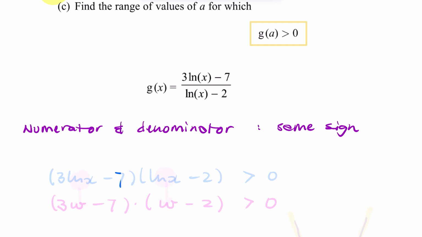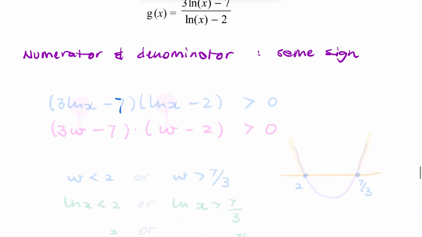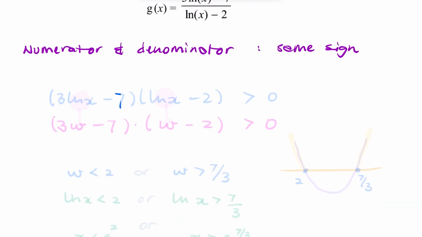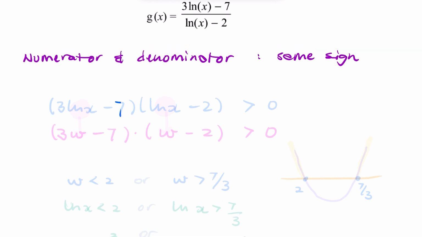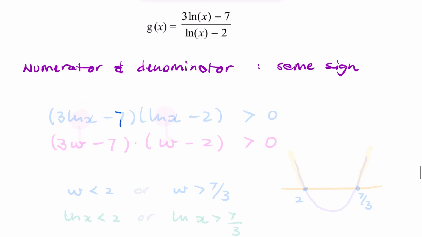So if they have the same sign, then their product is going to be equal to something positive, right? So if you multiply a positive times a positive, that will give you a positive. So negative times a negative, that will give you a positive. So I'm going to say that the product of the numerator and denominator has to be greater than 0, because that might give me an inequality that I can solve.